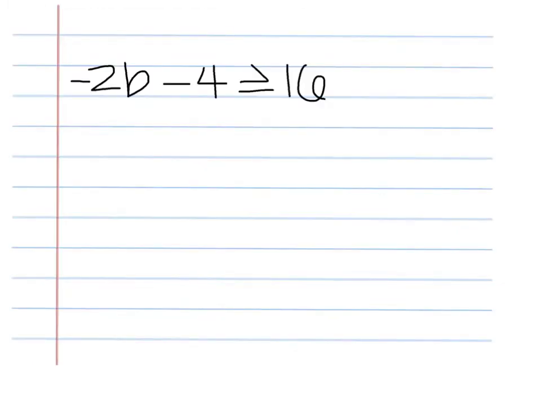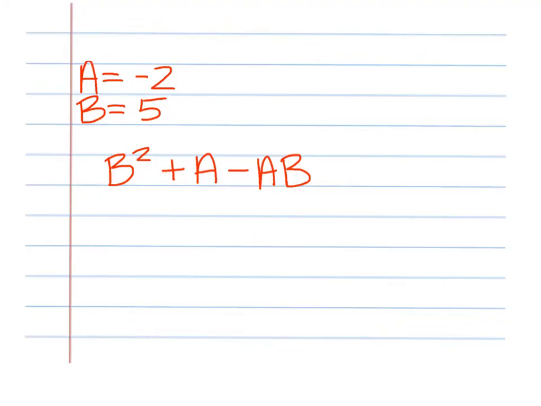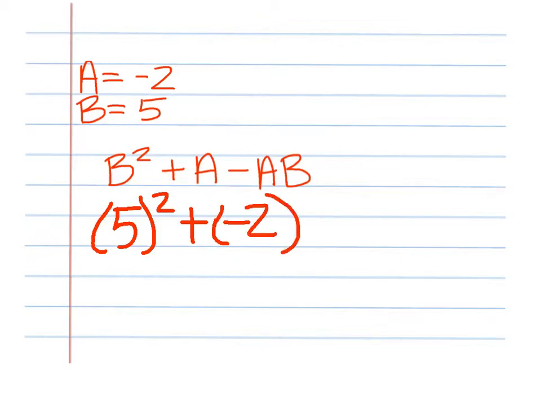Okay, practice problem number 2. Remember you guys, when you put your numbers in, you want to put them in parentheses. So you'll have 5 squared plus negative 2 minus your negative 2 times 5.